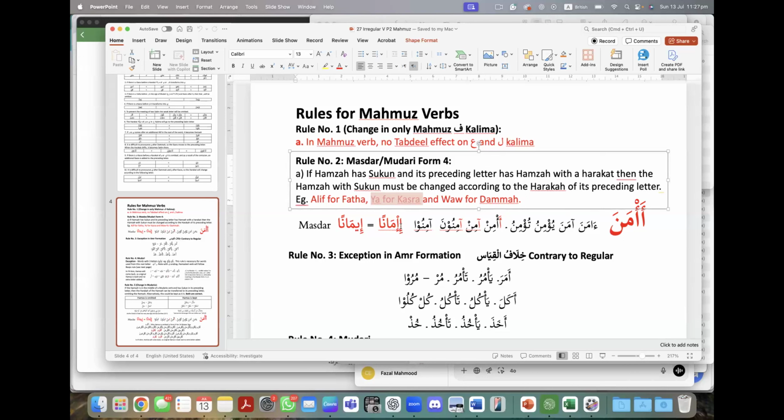You remember? This is ikramun. It has got mansub here. The main point to remember is that in a situation like this, this second hamza will take iya and kasra because its preceding hamza has got kasra. That's why imana has become imanun.